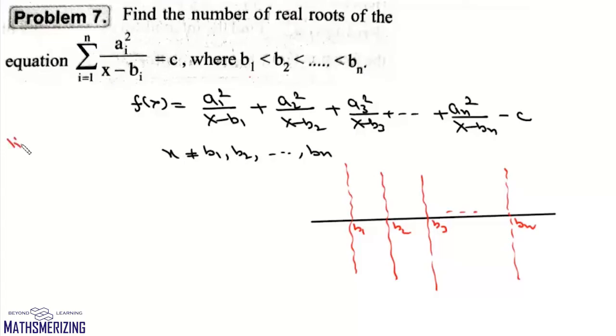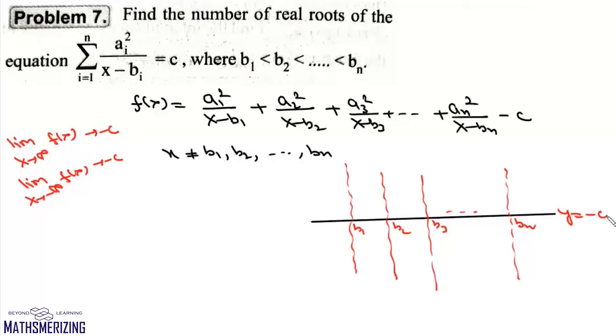Now if we take the limit x tends to infinity fx, all these expressions will be 0. So this is minus c, and also limit x tends to minus infinity fx is also minus c. So there is a horizontal asymptote at y equals minus c. So suppose this is y equals minus c.